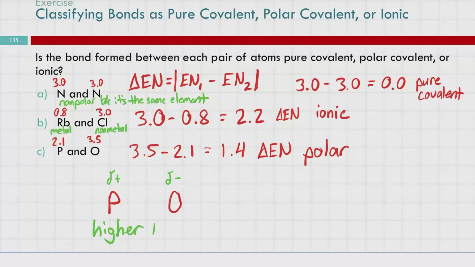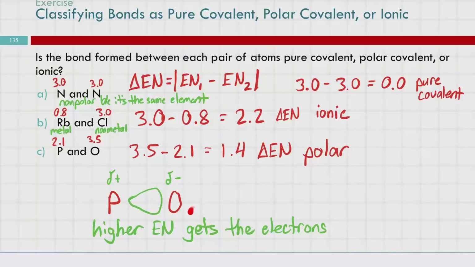The higher electronegativity gets the electrons. Not completely in the case of polar covalent, just partially. So we might sometimes represent this as a lopsided bond, where this is the probability of where we're likely to find the electrons.